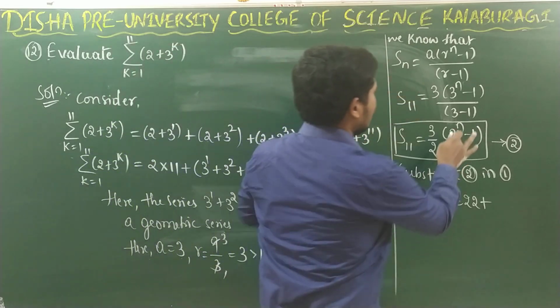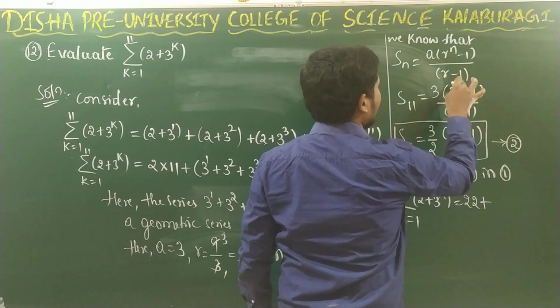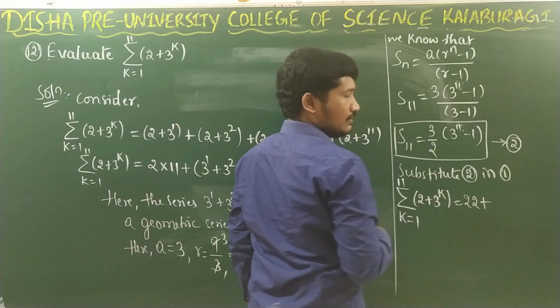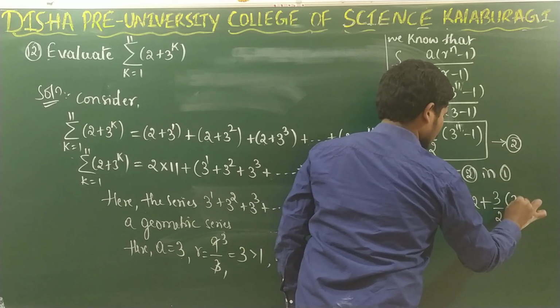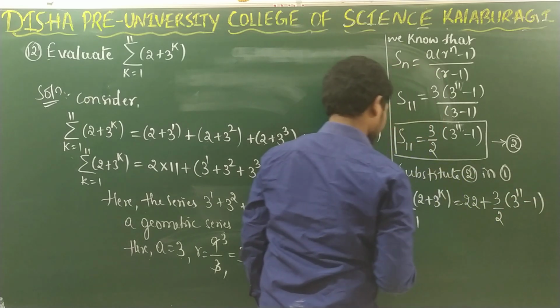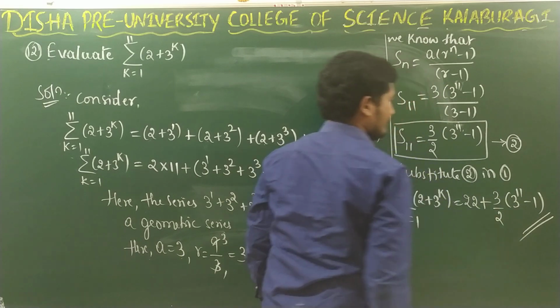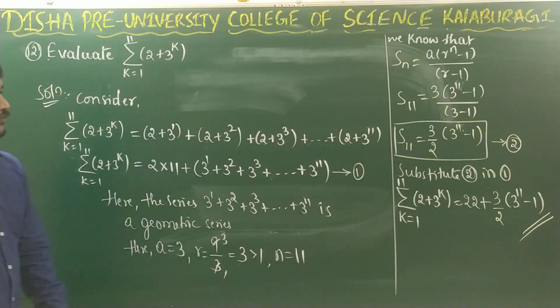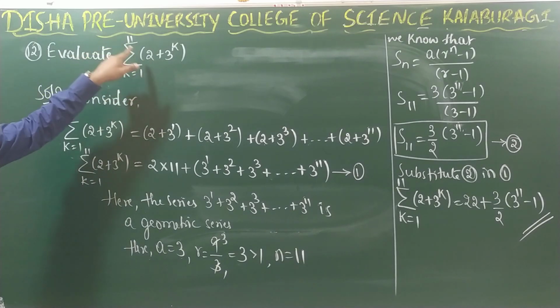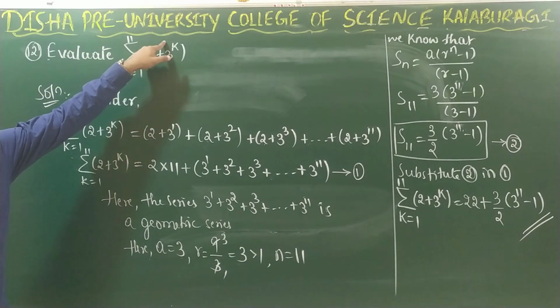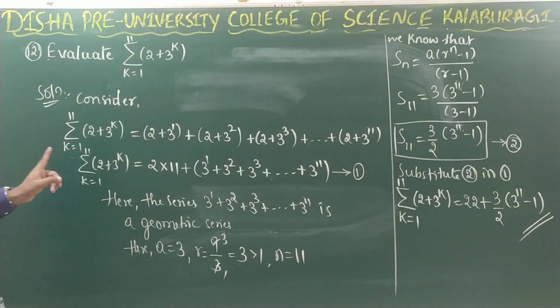What is that? See, in place of n we have got 11 here, right? So what will be the value? 3 divided by 2 into 3 power 11 minus 1. So this is the required value for summation of k is equal to 1 to 11, 2 plus 3 power k. So I hope you understood the whole solution.